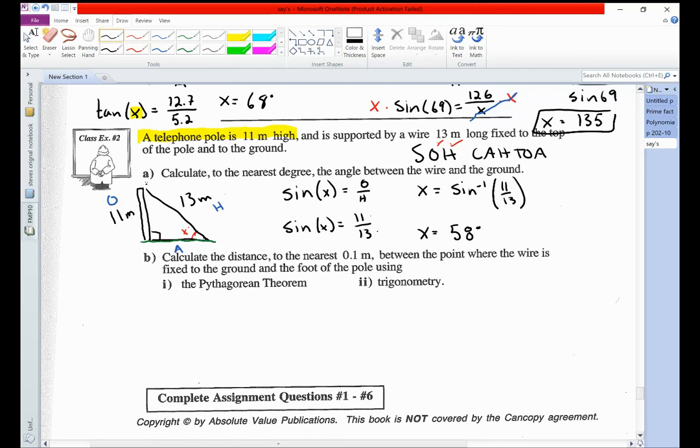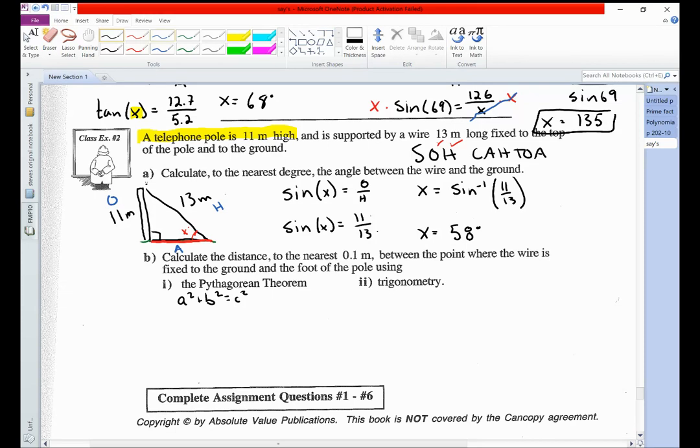Then it says calculate the distance to the nearest 0.1 of a meter between the point where the wire is fixed to the ground and the foot of the pole. So they actually want us to calculate this length right here. And it says do this using the Pythagorean theorem and using trig. Well, we know Pythag is a squared plus b squared equals c squared.